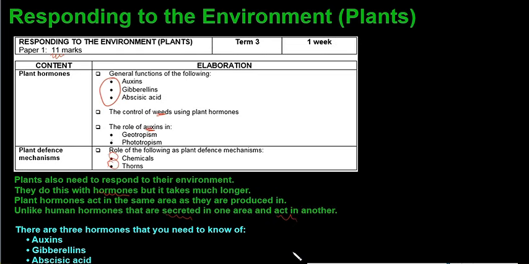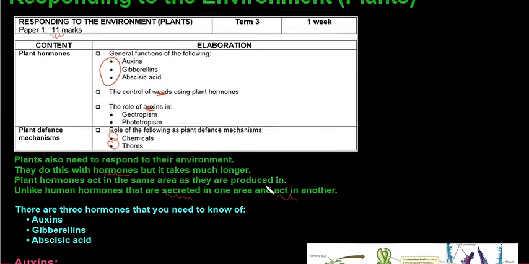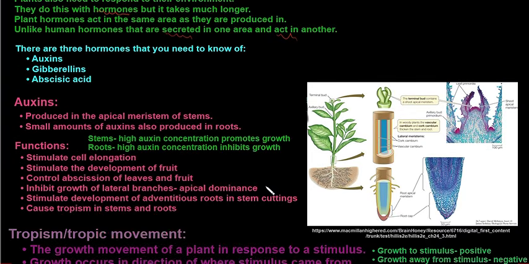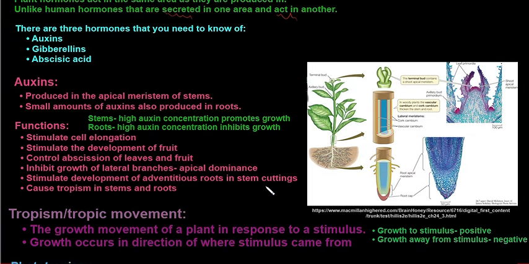Think of TSH, the thyroid stimulating hormone, that is secreted in the brain and then goes to the thyroid. Plants don't do that. Their hormones are secreted in the same area where they are going to function. So like I said, the 3 hormones we need to know are auxins, gibberellins, and abscisic acid.